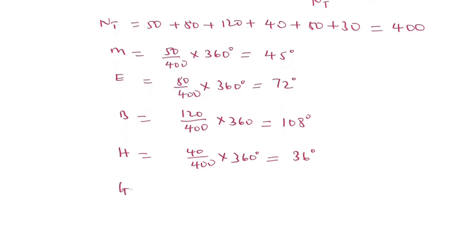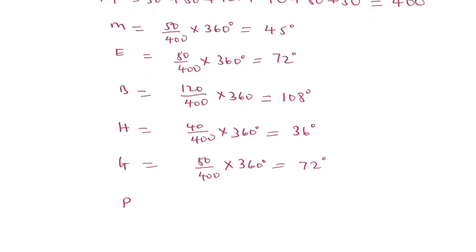For geography, we are going to take 80 over 400 times 360, of which this becomes 72 degrees. And finally, for physics, we are going to take 30 over 400 times 360, of which after solving this, we are getting 27 degrees.